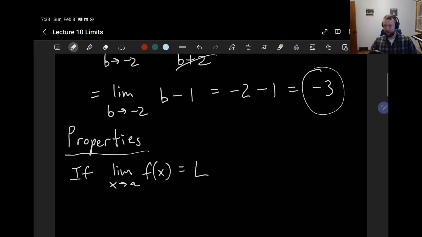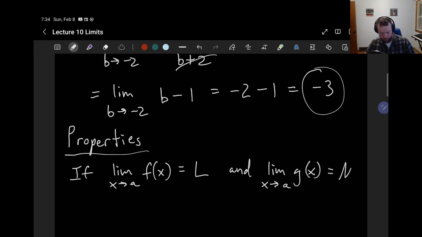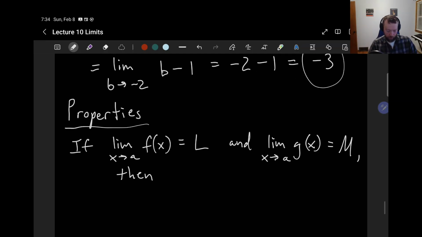If the limit as x approaches a of the function f of x is equal to L, and the limit as x approaches a of g of x, let's say, is m, then we experience the following properties.